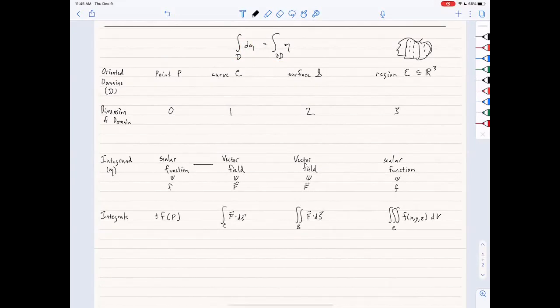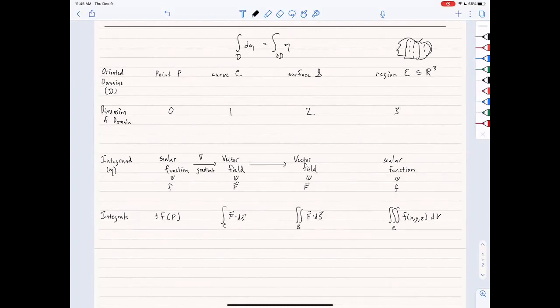For a scalar function, we know how to go to a vector field, don't we? What's a derivative that takes us from a scalar function to a vector field? Gradient. Right? Gradient. Now, what's the derivative that takes us from a vector field to a vector field?